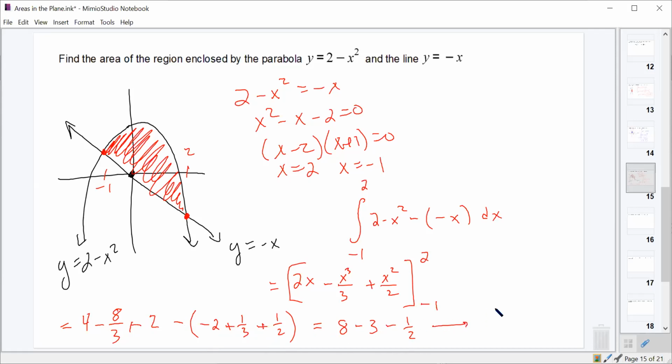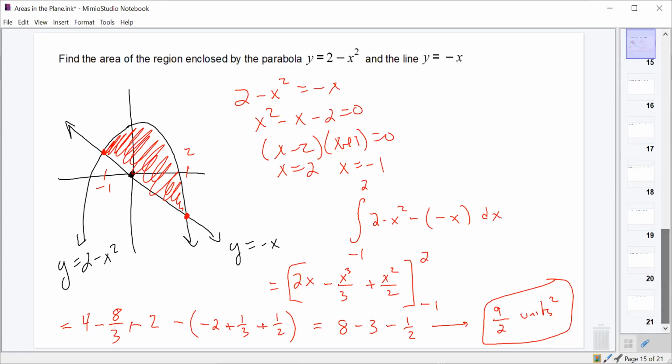So 5 minus 1/2 is 9/2 units squared. Good or no? Any questions, any issues, any problems with that? Everybody feels okay about that?